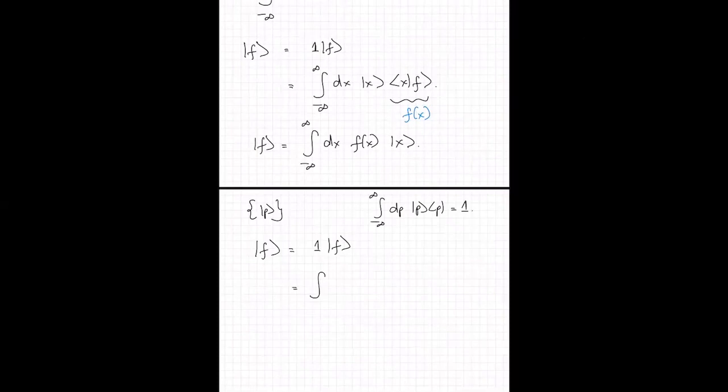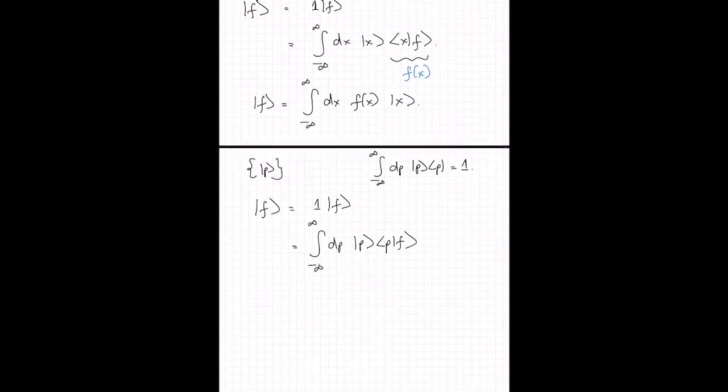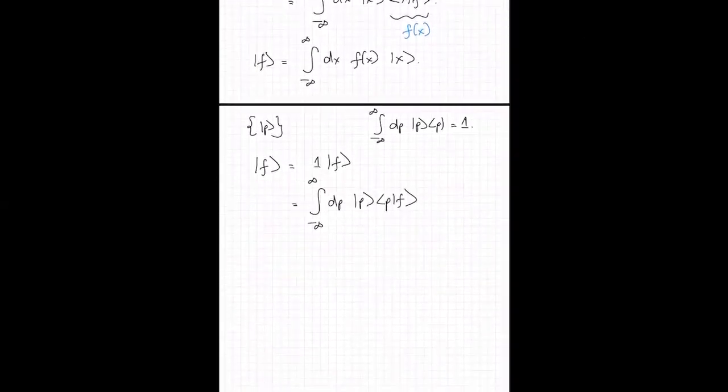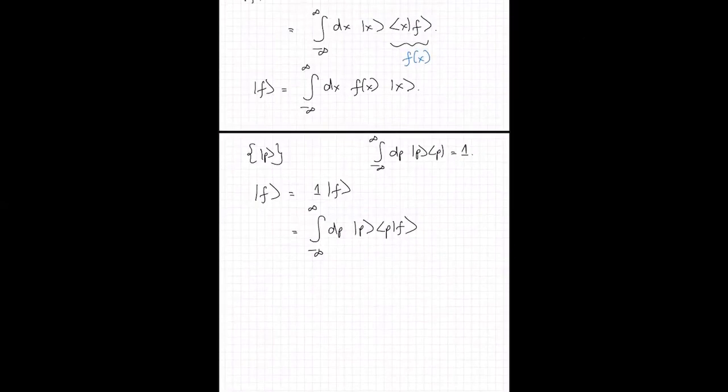So I get the integral from minus infinity to infinity dp |p><p|f>. And just like the overlap of x and f are the components of the vector f along the x direction, the overlap <p|f> are the components of this vector f along the p direction. Okay. So I can write this as the integral from minus infinity to infinity dp f(p) |p>.